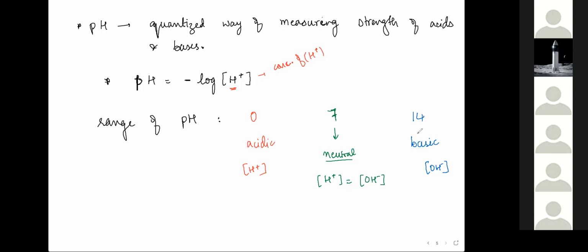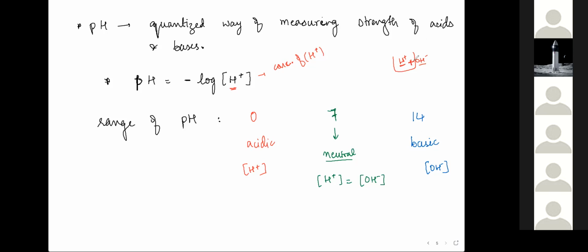If it is a basic solution, then the solution contains both H plus and OH minus. For neutral water, we know it is a constant, a measurement of how much H plus and how much OH minus you have.